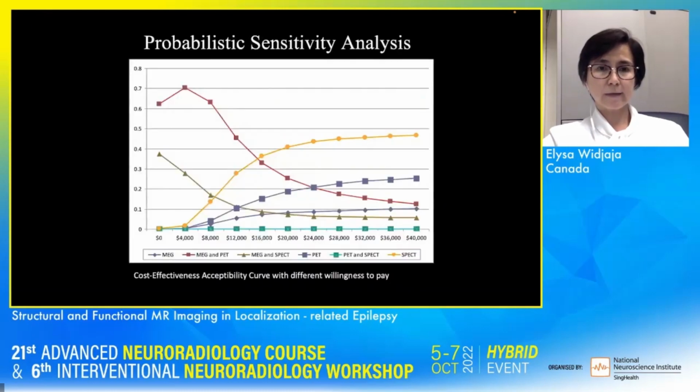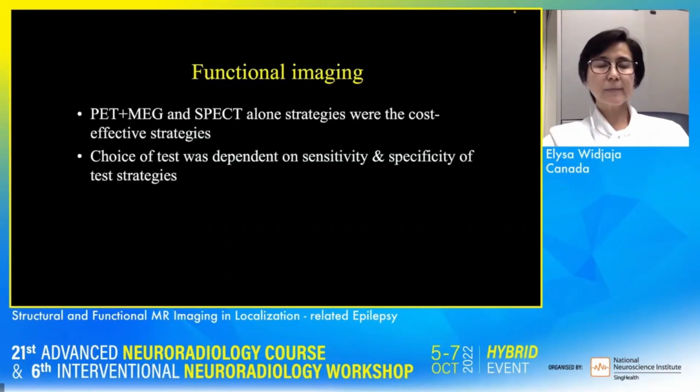Probabilistic sensitivity analysis showed that when the willingness to pay was less than 16,000 per QALY, combined PET and MEG was the preferred strategy. So to summarize, in this particular study, we have found that combined PET and MEG and the SPECT-alone strategies were the cost-effective strategies. However, the choice of test was dependent on the sensitivity and specificity of the test strategies.